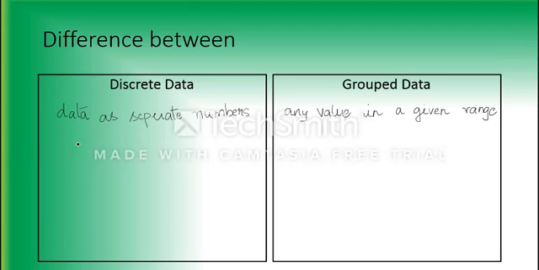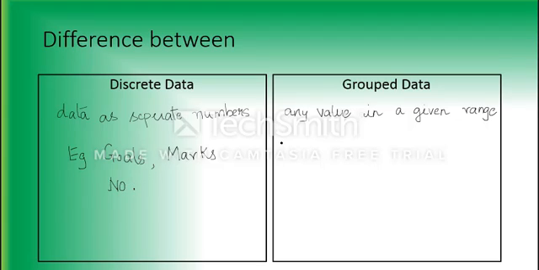To give you examples of discrete data, goals scored in a match is an example of discrete data. Marks secured in an exam is another example. The number of children seated in a car is also discrete data.